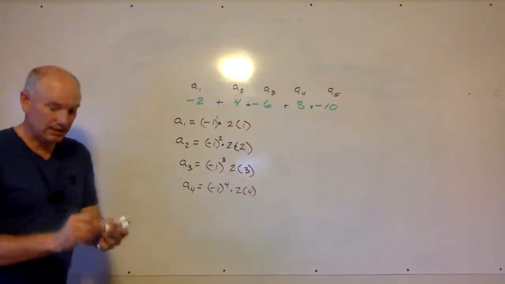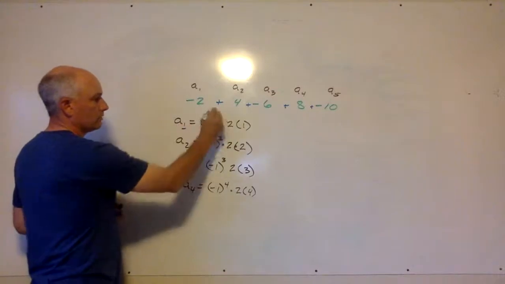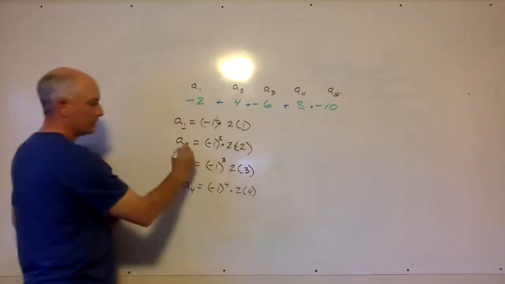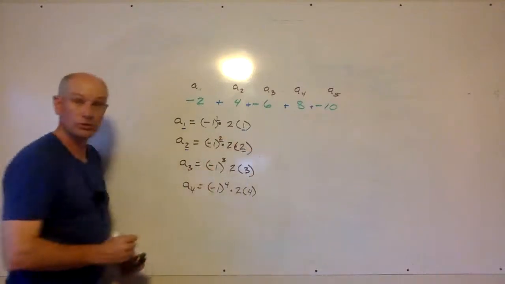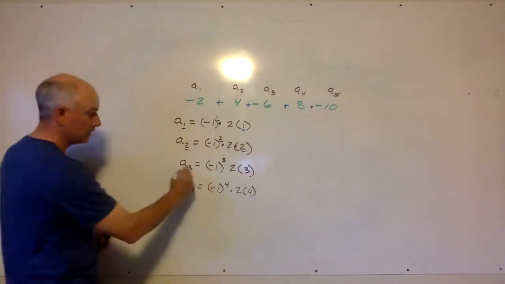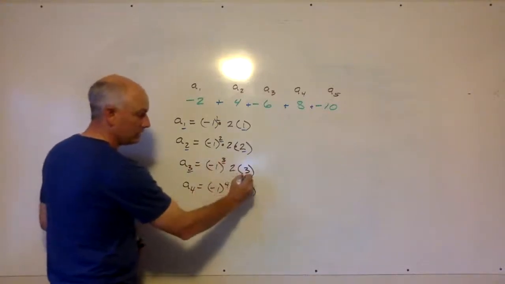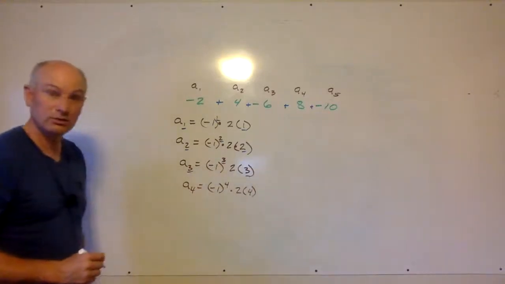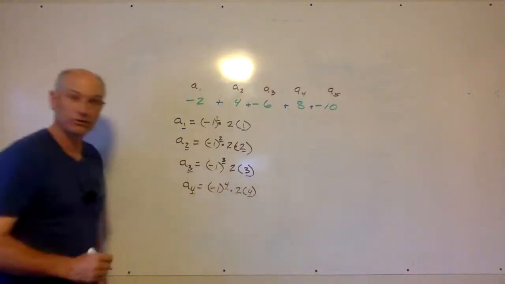So now take a look at your pattern. First term, using a 1, using a 1. Second term, using a 2, using a 2. 2 as an exponent, 2 as a multiplier. 3, using 3 as an exponent on the 1, 3 times the 2. 4, exponent 4, using the 4.